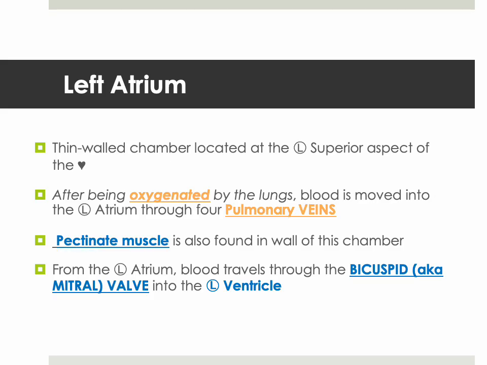So on the left side, we don't have a tricuspid, but a bicuspid valve, okay? And it's also known as the mitral valve because it resembles a mitre, and this is a piece of adornment that the Pope wears. So just a little factoid, okay? And from there, the blood goes to the left ventricle, okay? Again, left side, oxygenated rich blood.